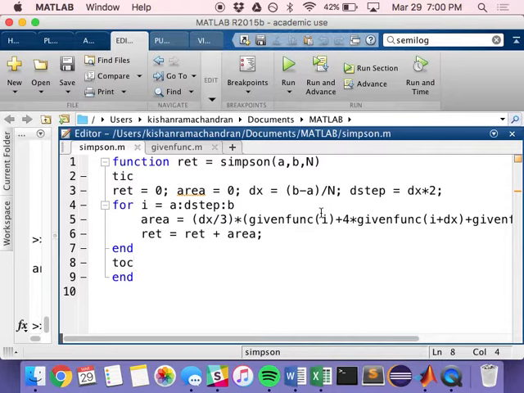Do that same function. Right? That's right. Alright. So where area equals this dx over 3.